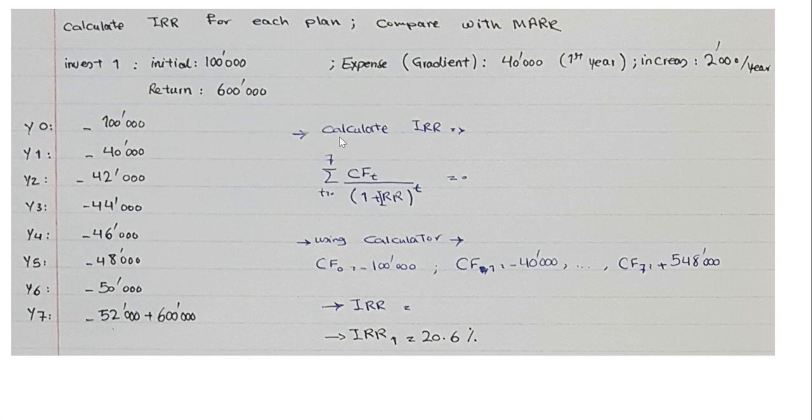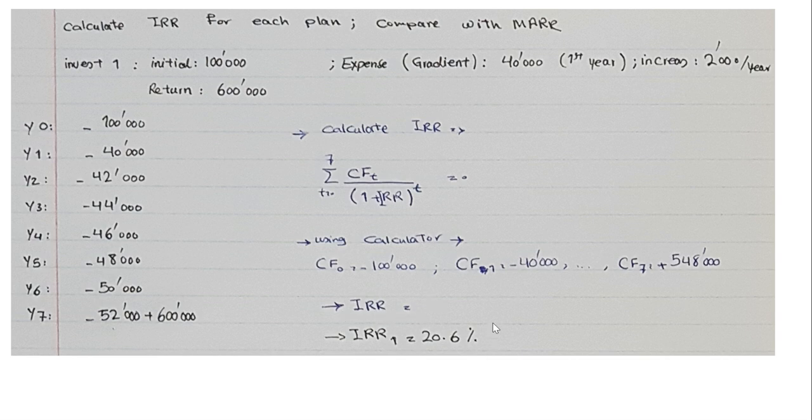So we are using the calculator. How are we going to use it? First, we press CF0 and put it equal to minus 100,000. For CF1, put minus 40,000, and so on. For CF7, it is the net of this one, plus 548,000. After that, you press IRR.